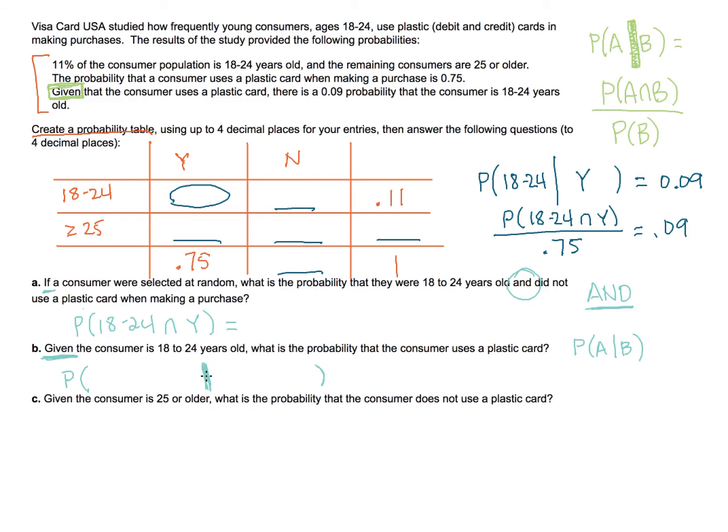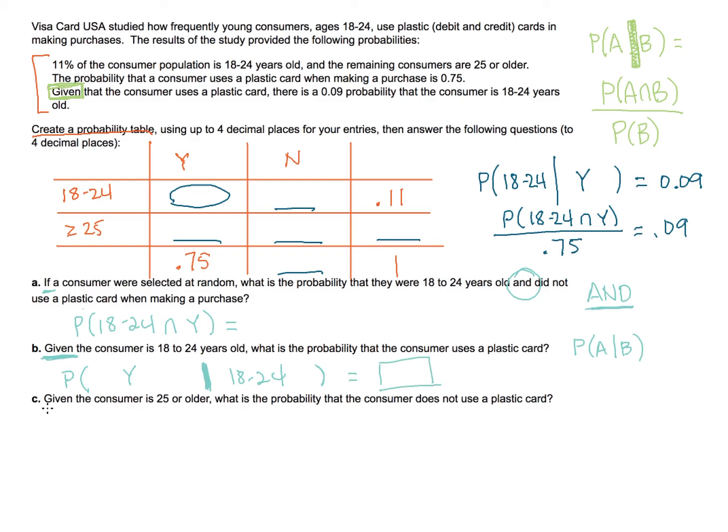Given, if this is my given line, whatever comes directly after the word given is going to go in this position. So 18 to 24. And what's the probability they use plastic? So yes, they use plastic. So you've got your problem set up. Now you can go through, work your calculation, and get your answer.